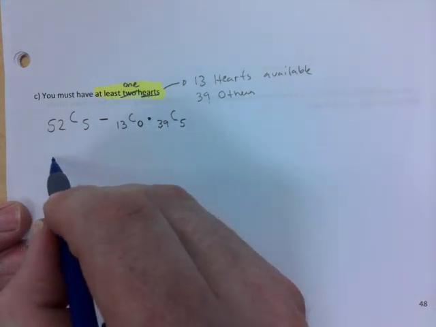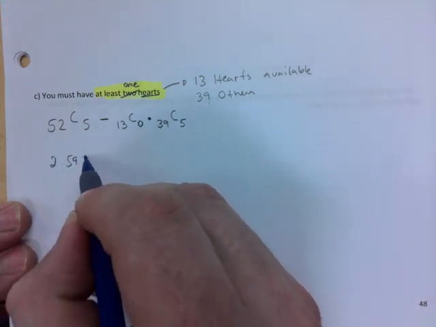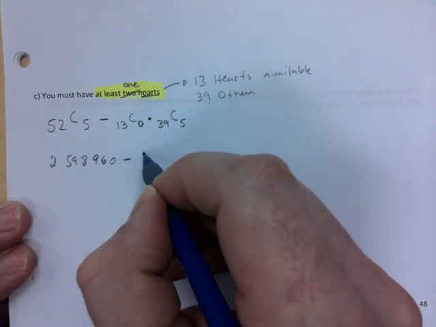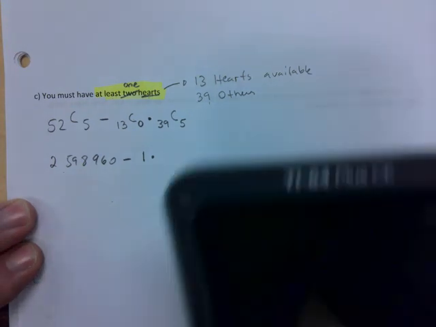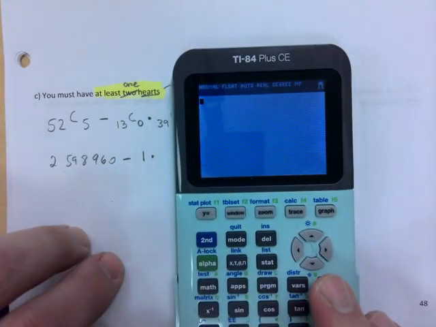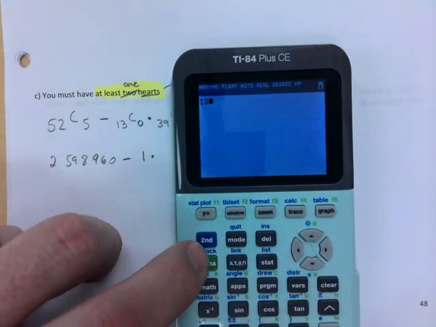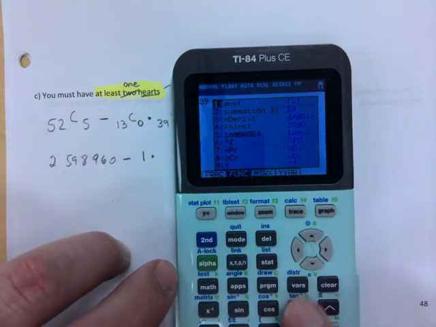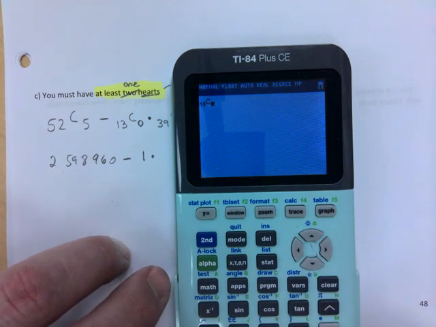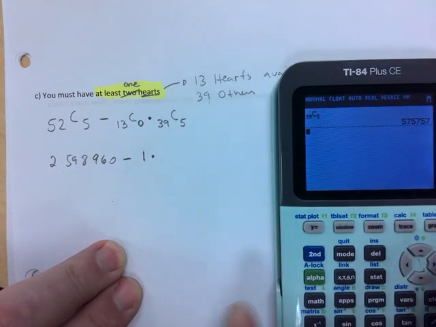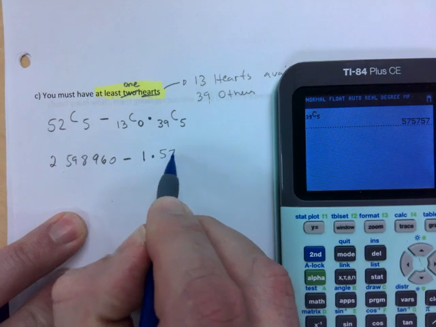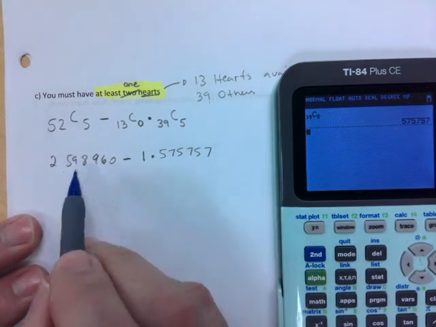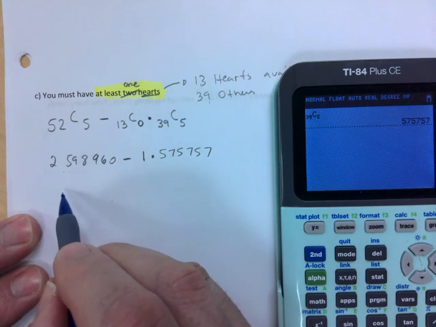So it's essentially 2,598,960 minus 13 choose 0, which is just 1, times 39 choose 5, which I will have to calculate with you. There we go, 575,757. So it's essentially this minus that, right?